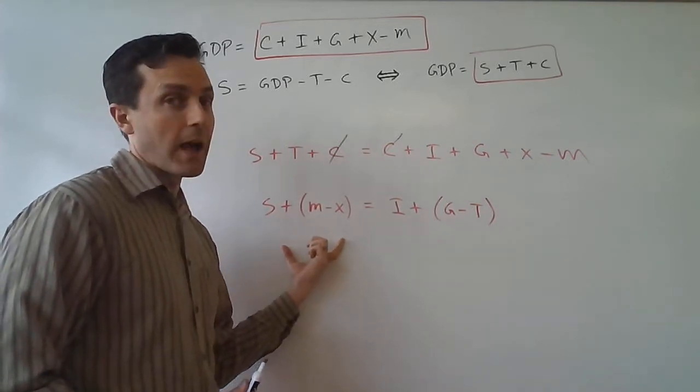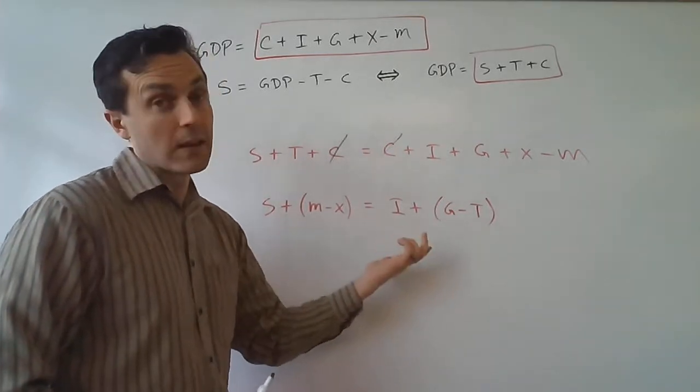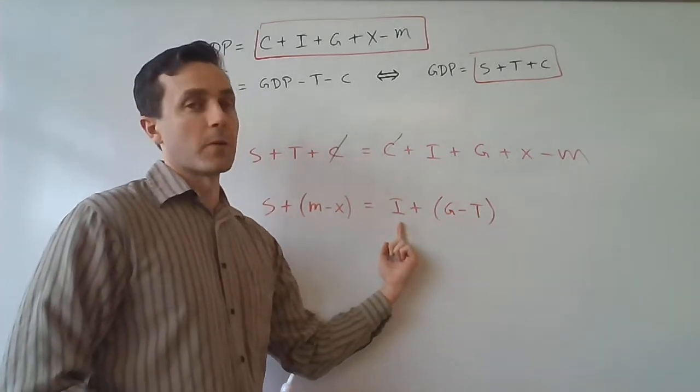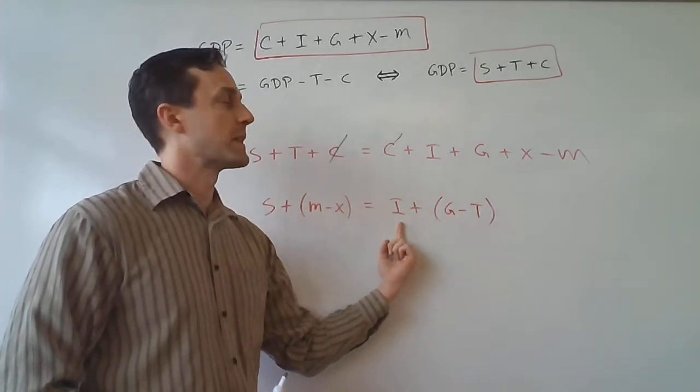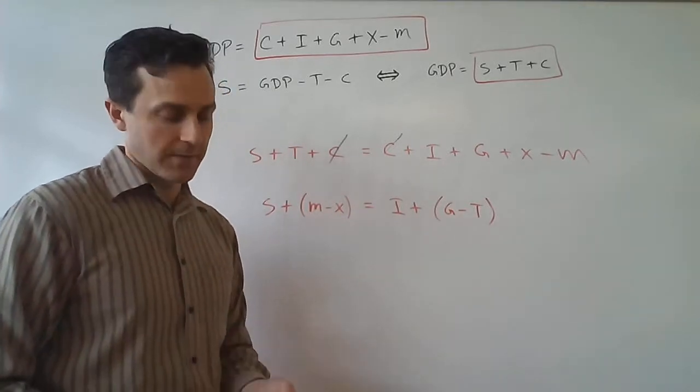That represents the supply of financial capital, right? Both of these. And we set it equal to the demand for financial capital, which comes from firms engaging in investment spending and from governments in case they are running a budget deficit, right?